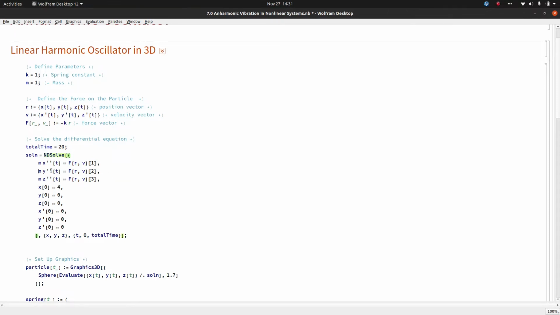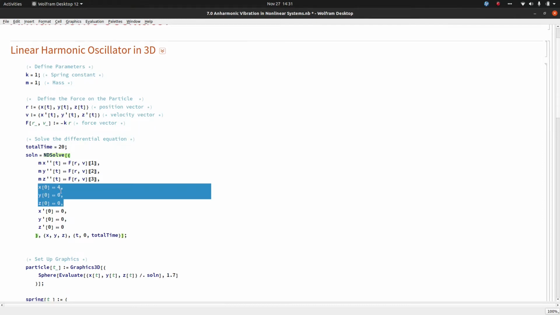So it'll be m y double prime of t equals, make sure you use double equals, force, and then in double brackets 2. So the double brackets is what you use to pull a value out of a list. So this will give me the second component of the force. And then same thing for the z component, except we'll use the third component of the force.